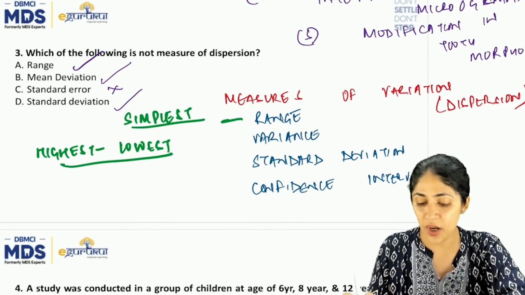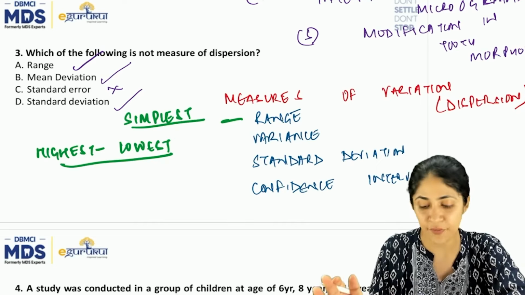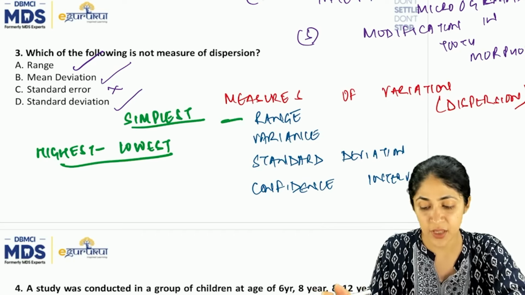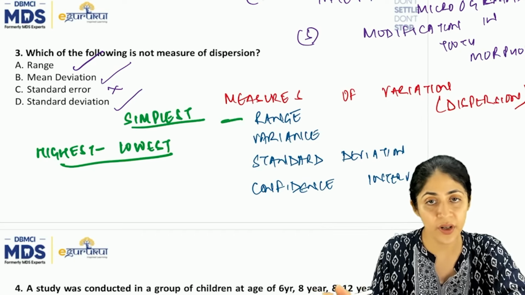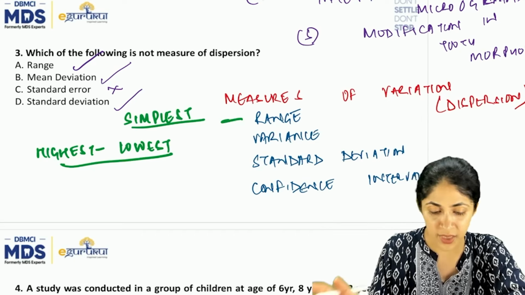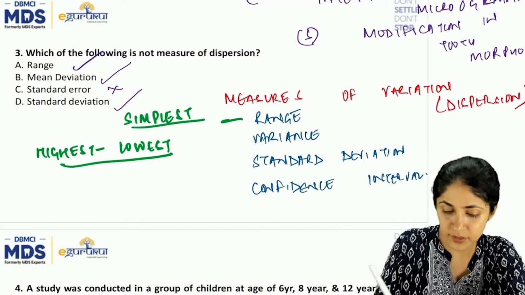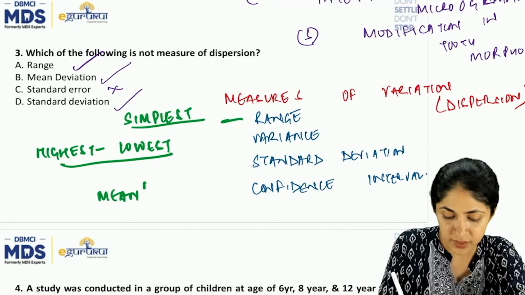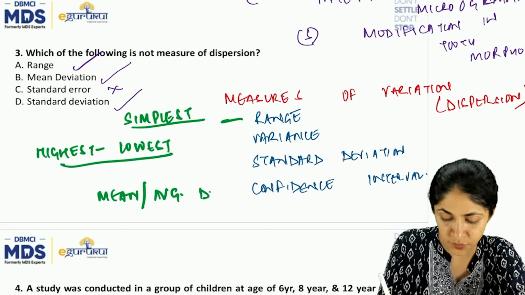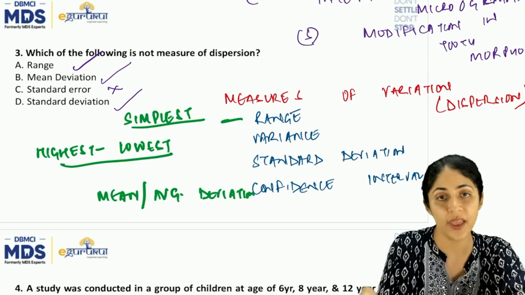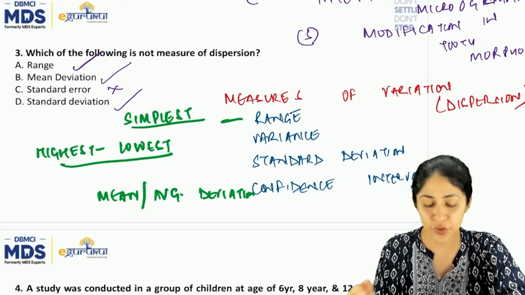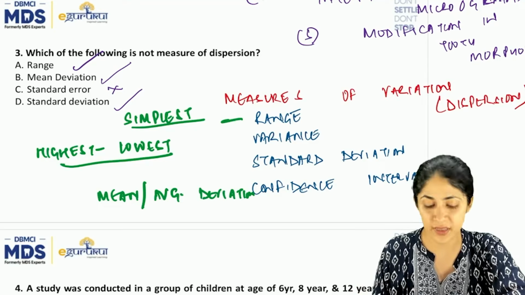Now the mean or the average deviation, which is the second option. It is the average of the deviations from the arithmetic mean.